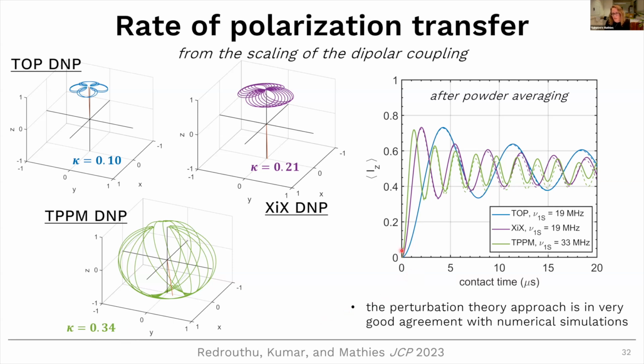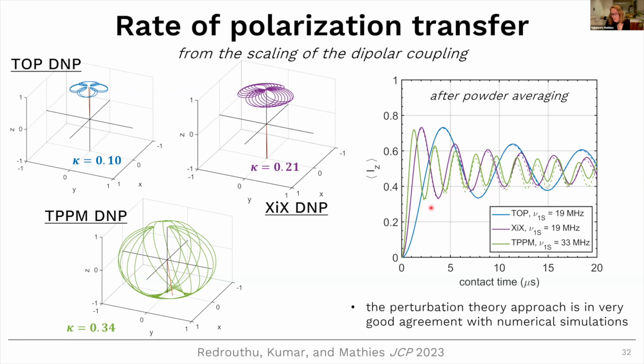So this is still the periodic transformation of minus SZ into IZ. However, I've done powder averaging here, so I'm taking into account the anisotropy of the dipolar interaction. And what you see is that there is a transfer of magnetization, while these oscillations remain as a remnant of the dipolar averaging.